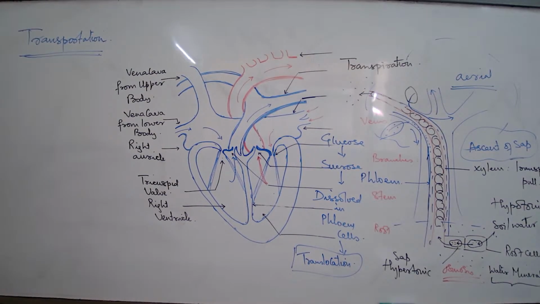Next paragraph, leave one line: the movement of the food. I'm just giving you the entire detailed points; according to your question you have to mold and reframe your answer. The distribution of the soluble food is brought about by the phloem.